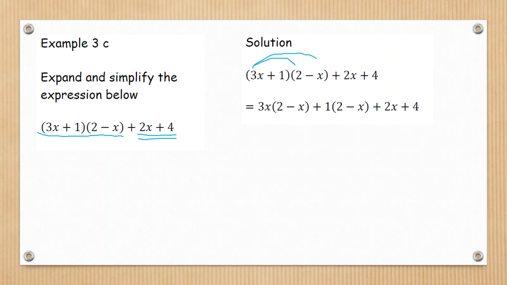So 3x times those two, and then 1 times 2 and 1 times minus x. So once you've expanded this part, then you add on the 2x and the 4. So minus 3x squared, there's no more x squareds. Then we've got 6x, take away x, plus 2x, which is 7x. And then we've got 2 plus 4 is 6.